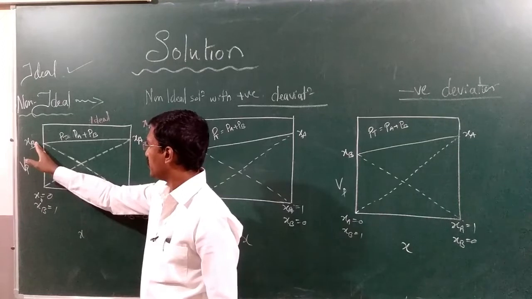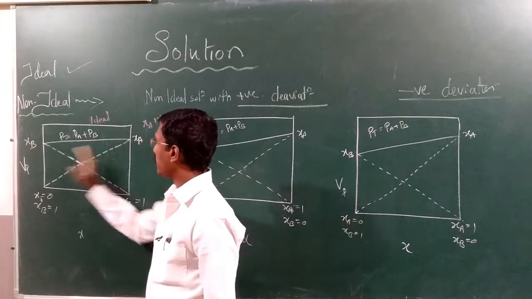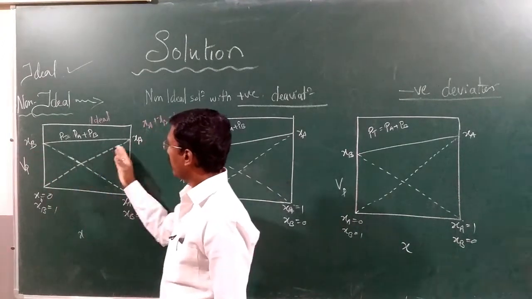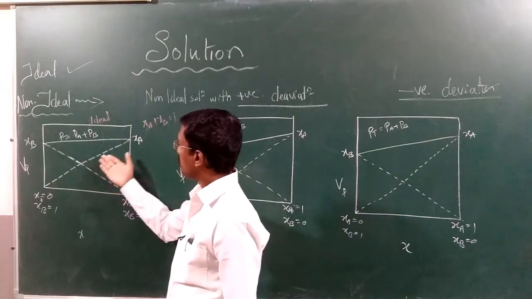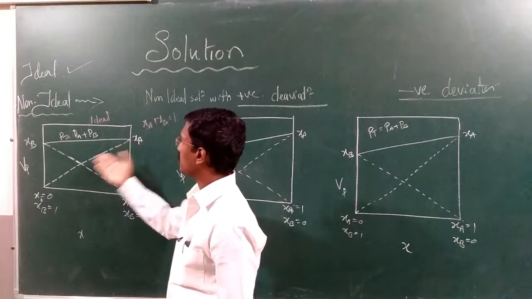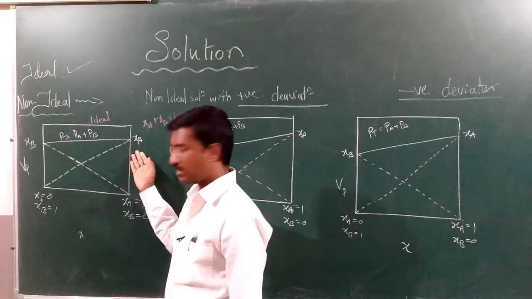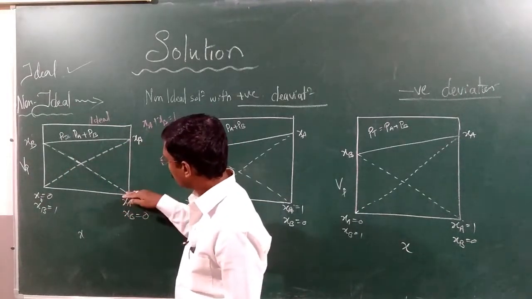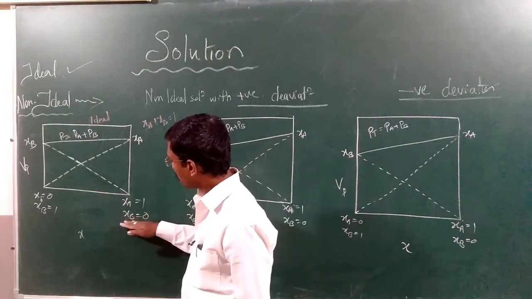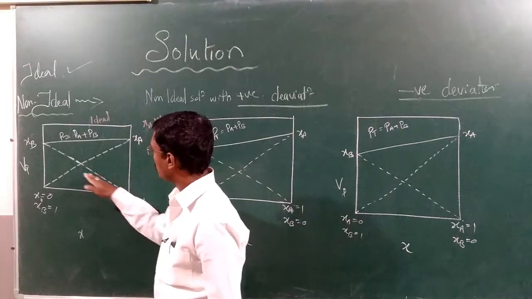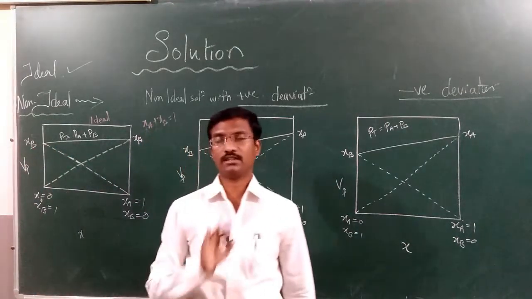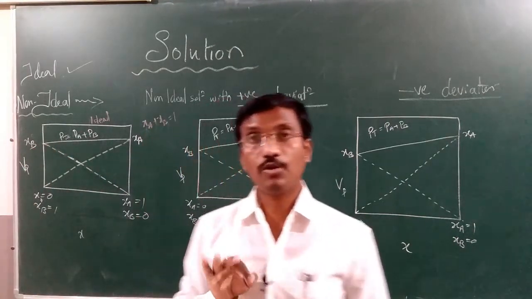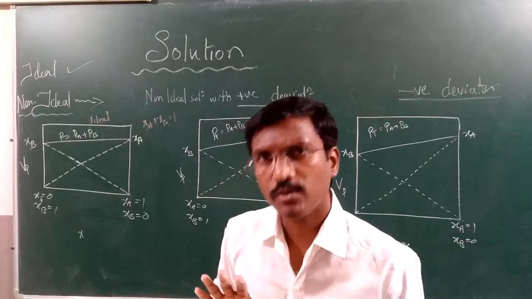Can you see it? As the mole fraction increases, the vapor pressure increases. Here XB is 0, and here XA is 0. So as the number of moles increases, the vapor pressure also increases.